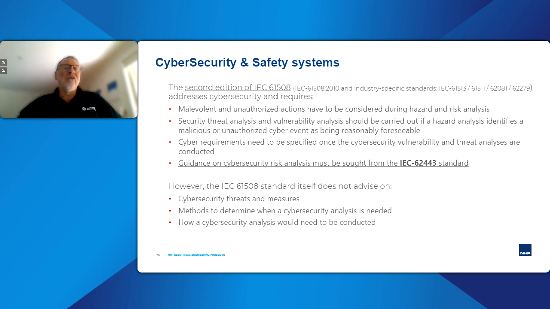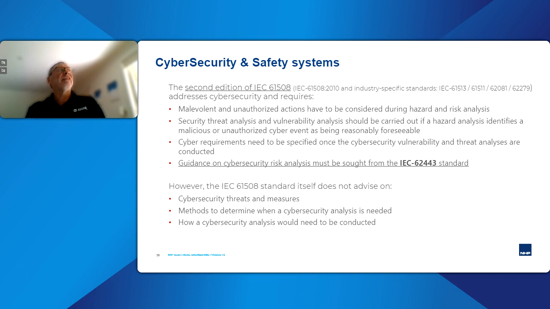Okay. So anyone who's doing safety systems and they need to apply IEC 61508, or they're doing a process system with 61511, they both have been revised a few years back, where they've added that you shall consider cybersecurity as you implement your safety or your process systems, and it says you shall mitigate the system from cybersecurity.